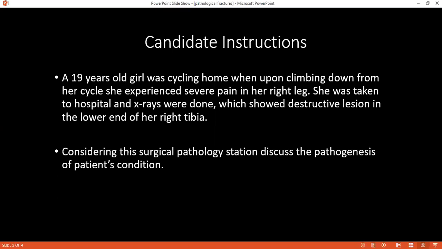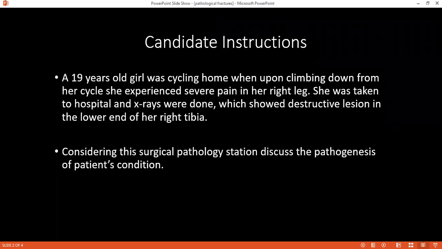Right. If you have read and understood this surgical pathology station, kindly tell me what is the pathogenesis behind this patient's condition? Considering this study, I think we are having a problem with pathological fracture. Okay, can you define pathological fracture first?